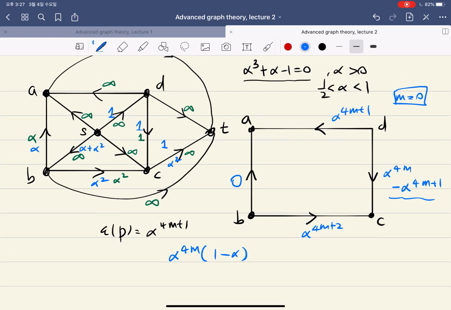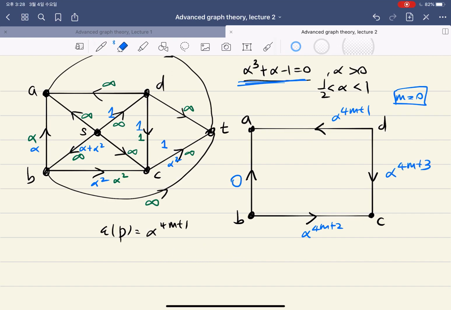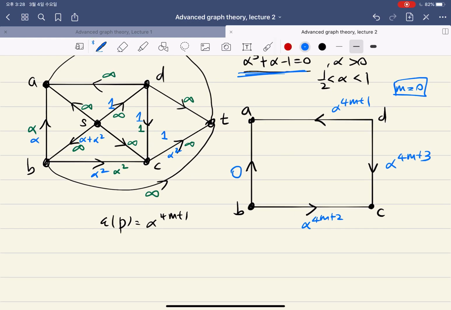And 1 minus alpha is the same as alpha to the 3. So this becomes alpha to the 4m plus 3. So that's what we have done. Augment by SCDABT.